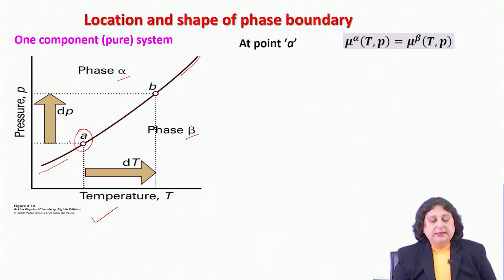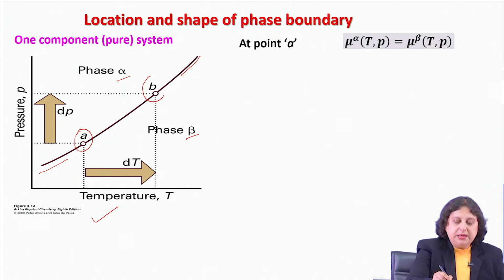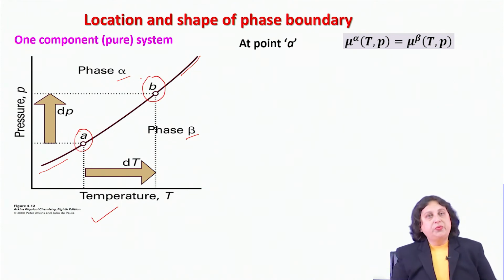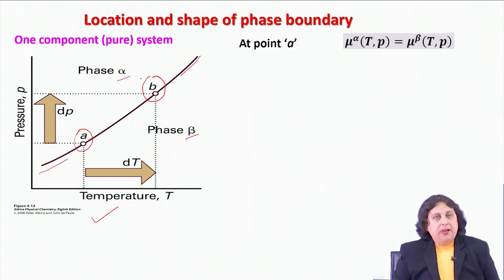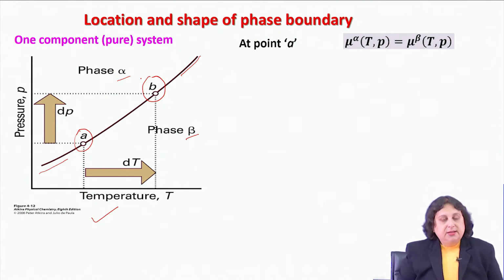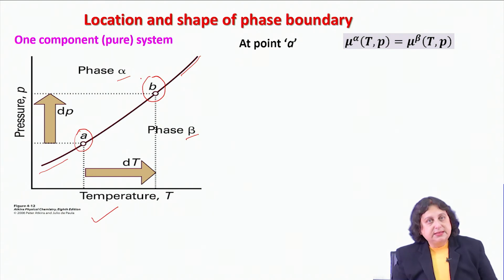Now, if I look at the other point B as marked on the phase coexistence line, or the phase boundary, once again the system will have two phases, alpha and beta, in equilibrium with each other.